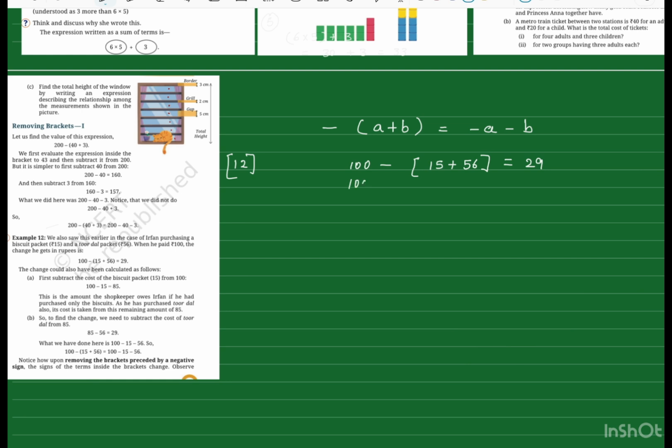When we remove the brackets, the expression becomes 100 minus 15 minus 56. 100 minus 15 is 85, minus 56 is equal to 29.